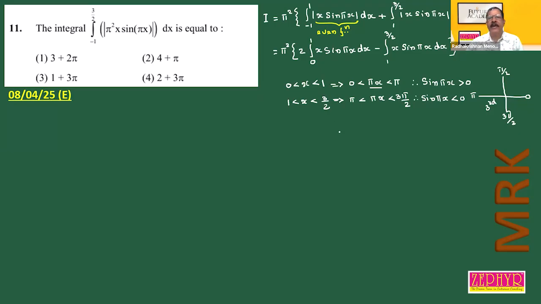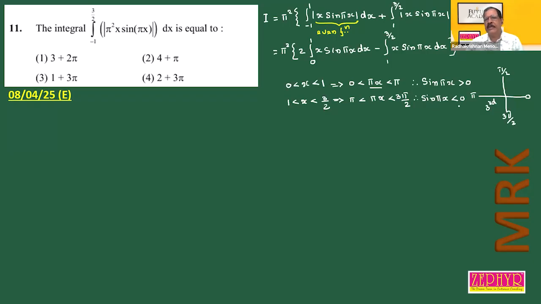Okay. Now, in the second definite integral, x sin pi x is negative. Why? X is positive, but sin pi x is negative. Why? Because x is lying between 1 and 3 by 2, so pi x is lying in between pi and 3 pi by 2.